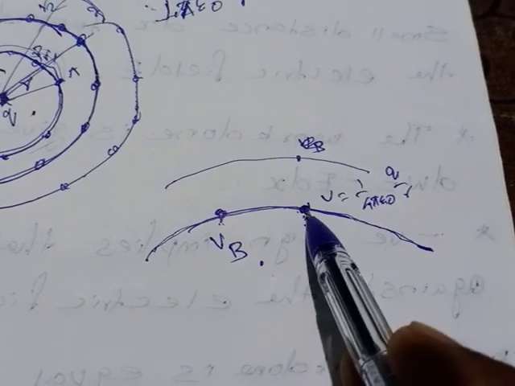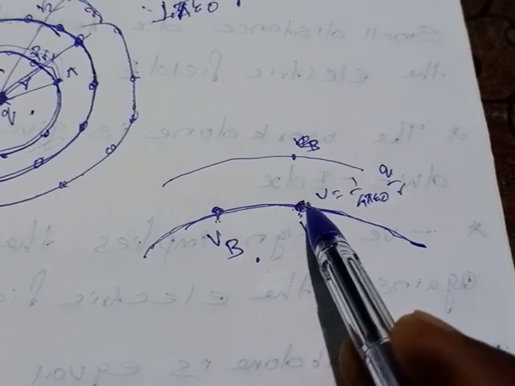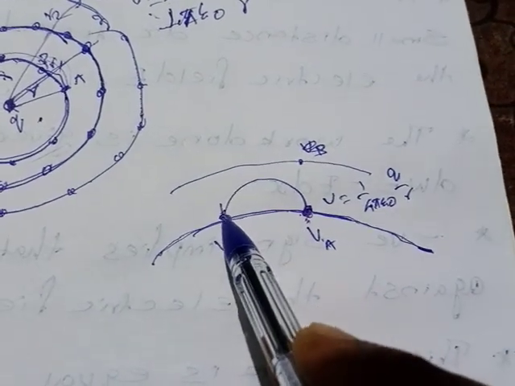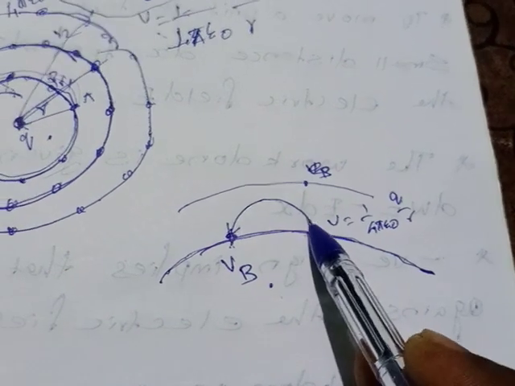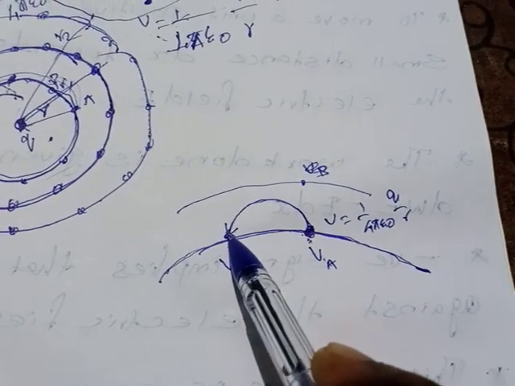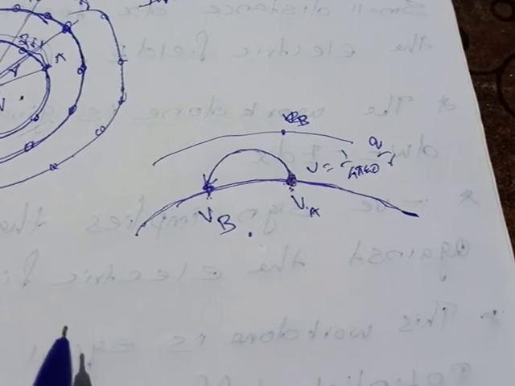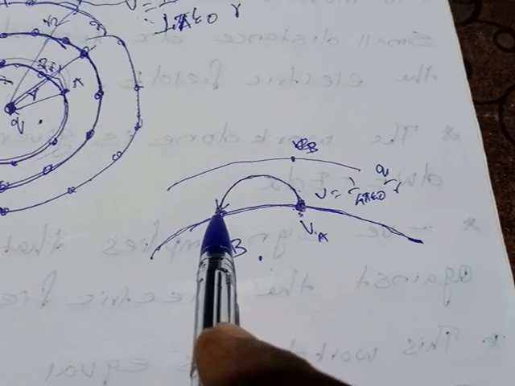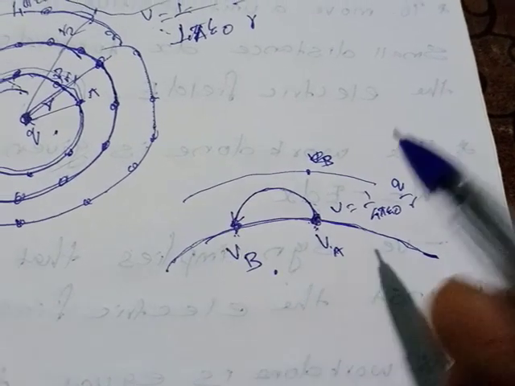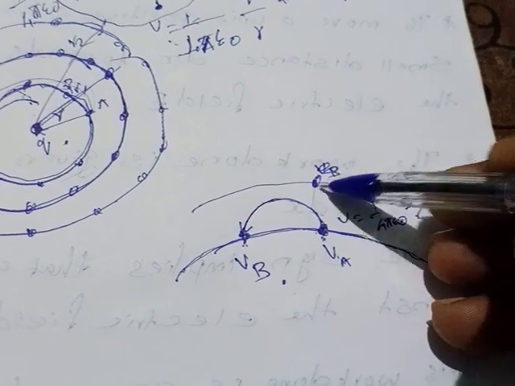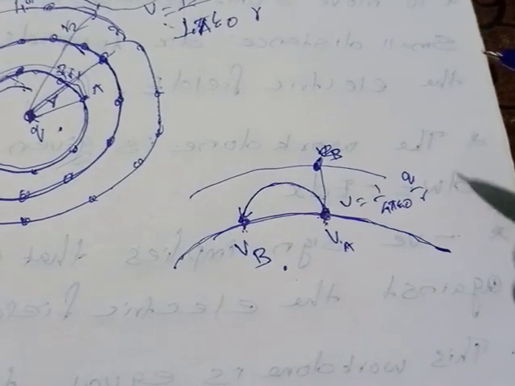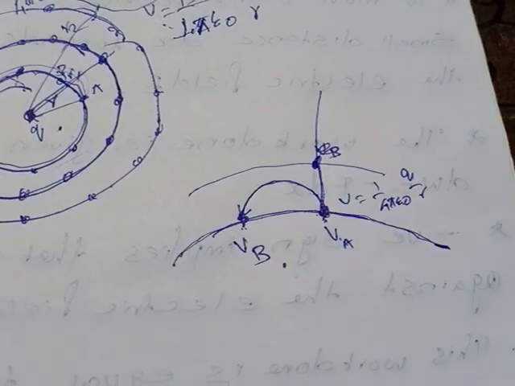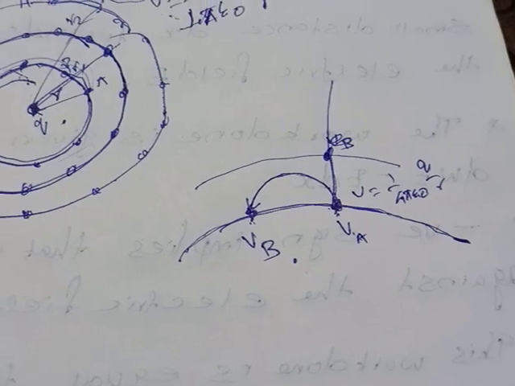Assume that you are moving a unit positive charge from point A to B. When you move a charge from this point to this point, some work has to be done.